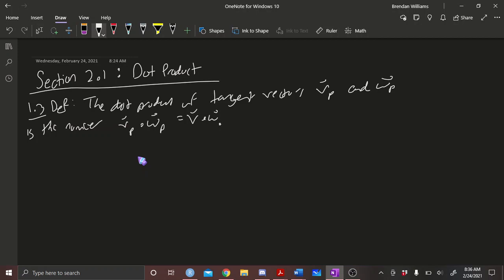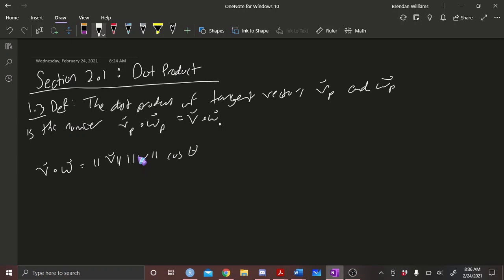So we can then define the cosine of the angle between two vectors. Okay, I'm going to write this down. We can define the cosine of the angle of the two vectors by v dotted with w equals norm v, norm w, cosine theta.